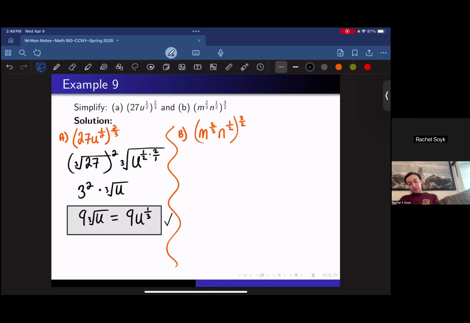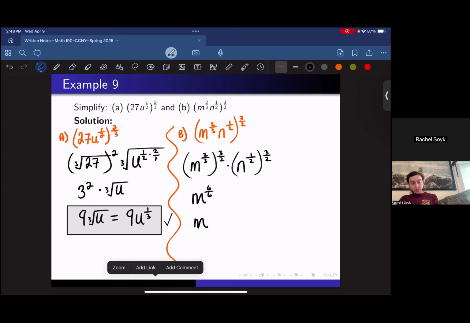Part B, again, let's treat these separately. We have m to the 2 over 3 raised to the 3 over 2. That's a nice one. And then we have times n to the 1 over 2 raised to the 3 over 2. So that first one, multiply the exponents, and we end up with 6 over 6, which is just m to the 1, which is m.